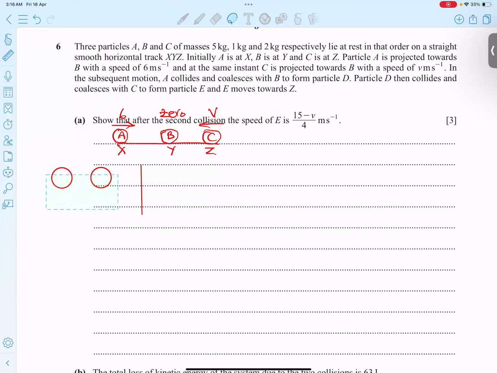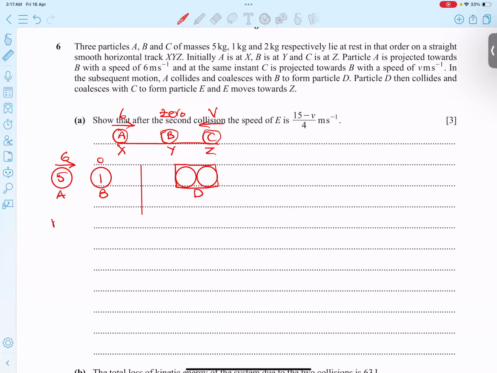After collision they will become one object, and we call this D. This is A, this is B, mass 5 kilogram, 1 kilogram, this speed is 0, and this speed is 6.